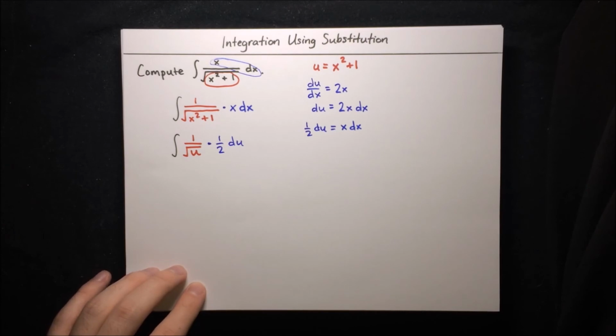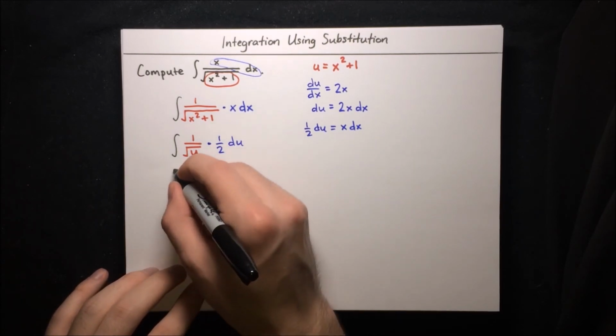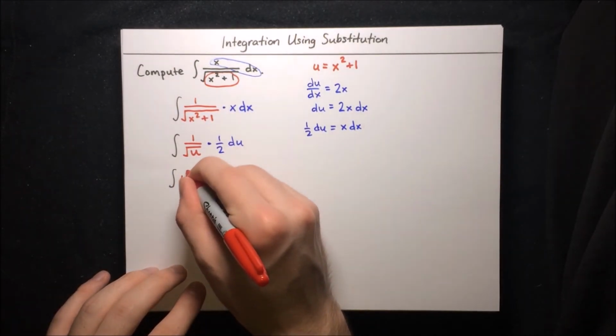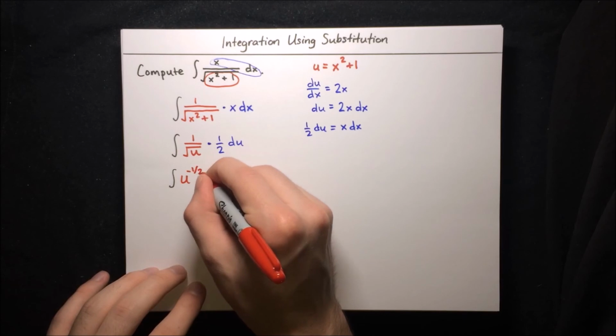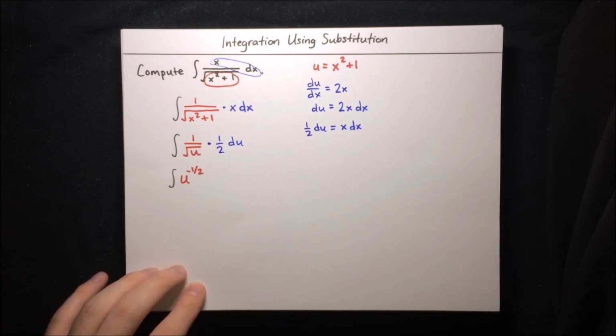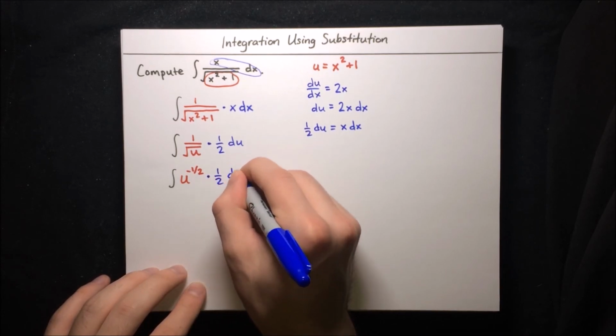And now we just simplify. So this 1/2 can be brought outside the integral. In particular, this 1 over root u can be written as u to the power of negative 1/2. The power of 1/2 gives the root, and the negative puts it in the denominator of a fraction. So u to the negative 1/2 times 1/2 du.